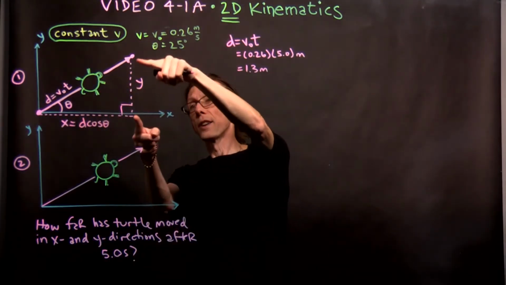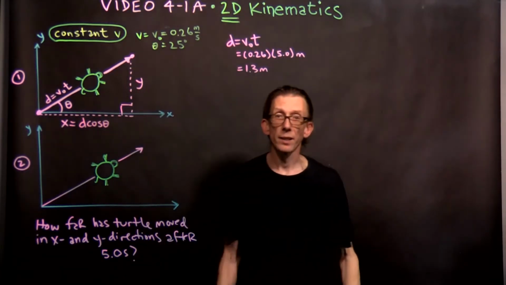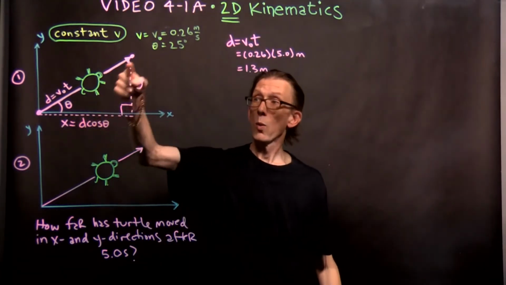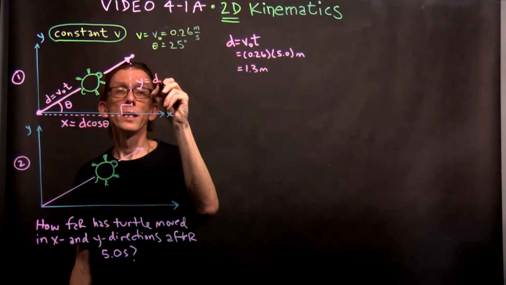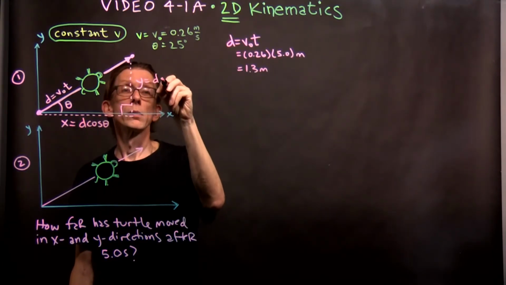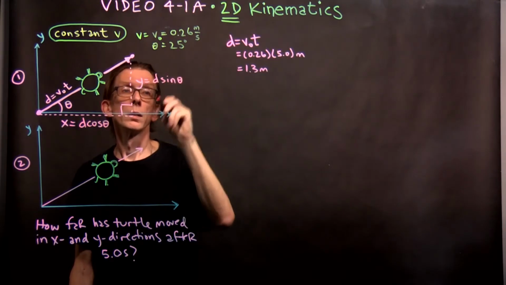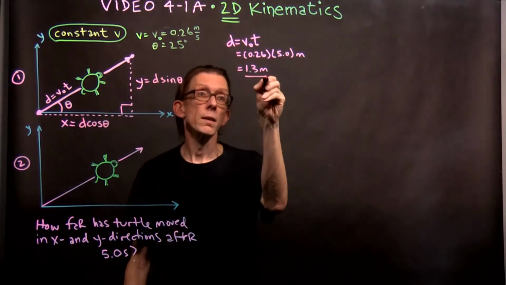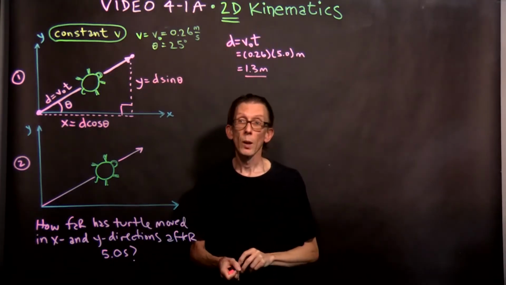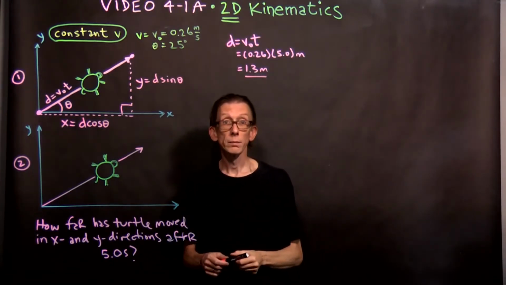The y side is the opposite side to theta, so y is d, hypotenuse, times sine of theta. So now that we know what d is, 1.3, we can find x and y and answer our question.